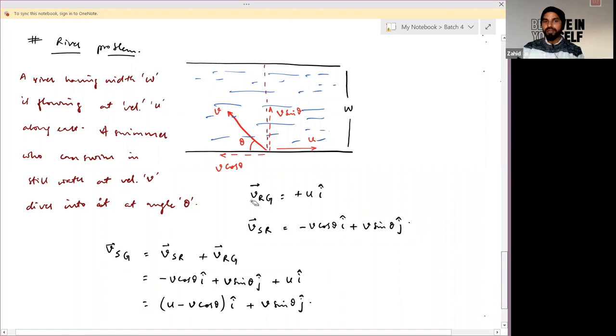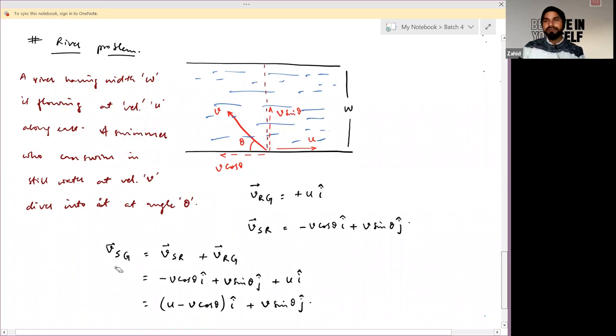So I've written velocity of river with respect to ground is U, since it is along positive x-axis, so plus i cap. Depending upon the components of velocity V, velocity of swimmer with respect to river is minus V cos theta i cap, since it is along negative x-axis, and plus V sin theta j cap, since it is along positive y-axis. Akash, is it clear? Yes, sir.